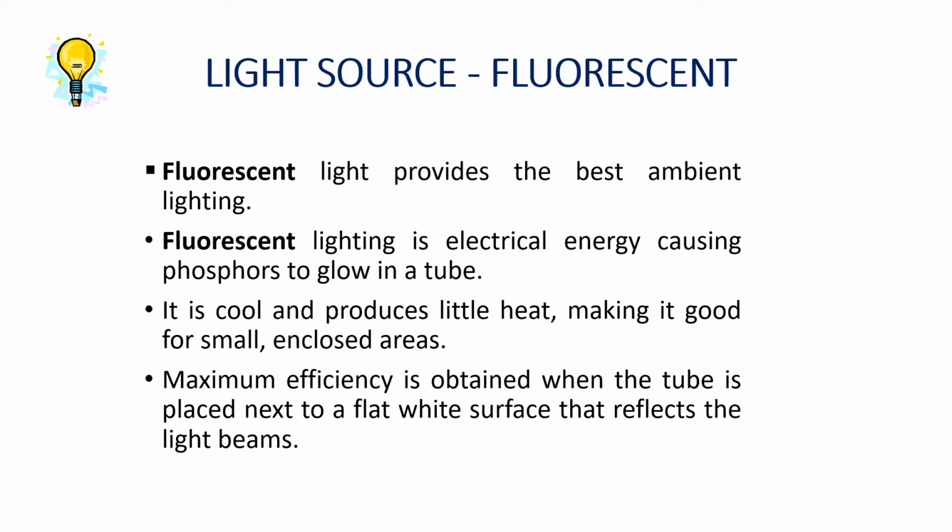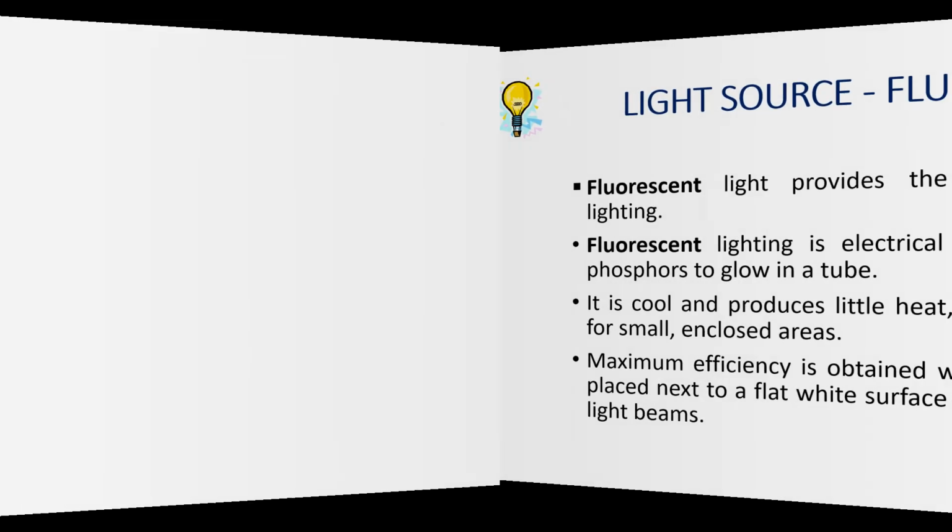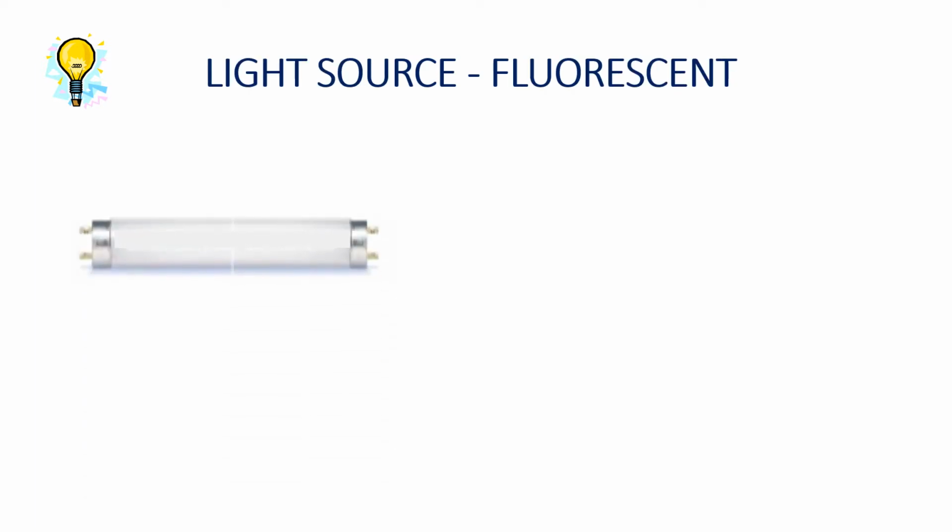So, fluorescent lighting is electrical energy causing the phosphor coat to glow in a tube. It is the choice of many retailers. They usually come in long, narrow cylindrical tubes in different lengths. So let's look at a few examples. This is an example of a fluorescent tube light.